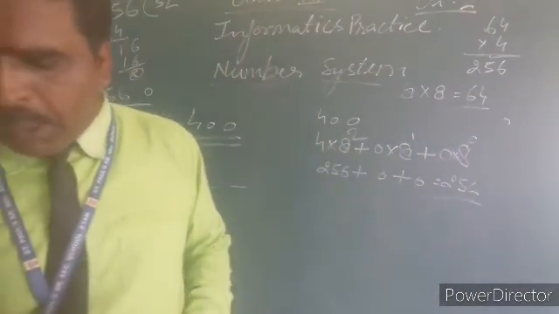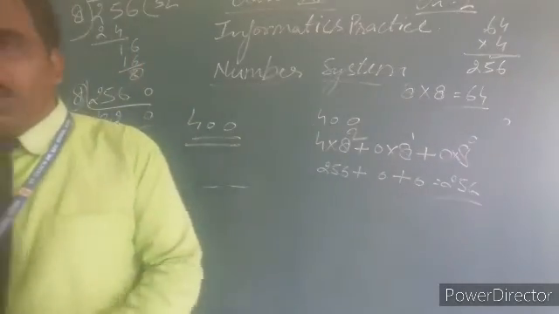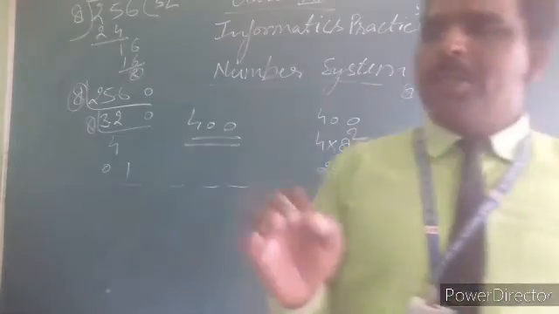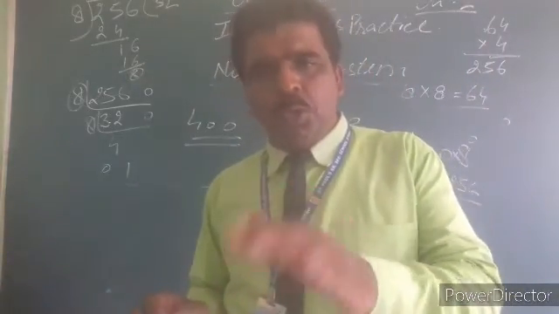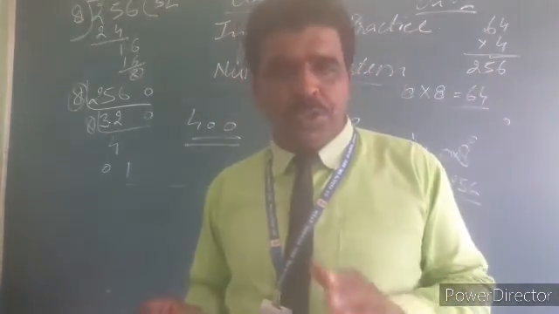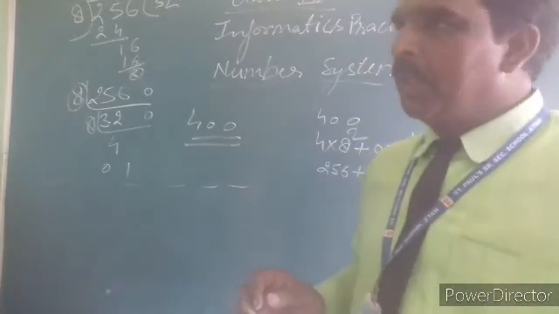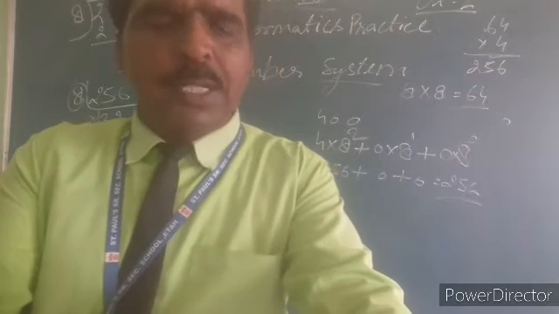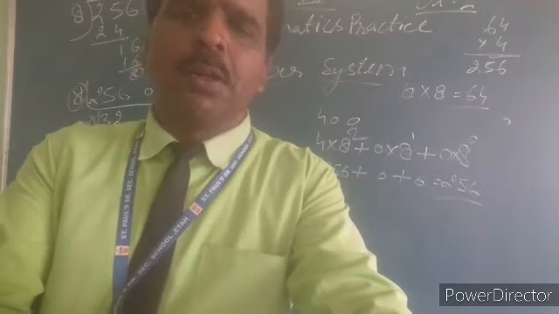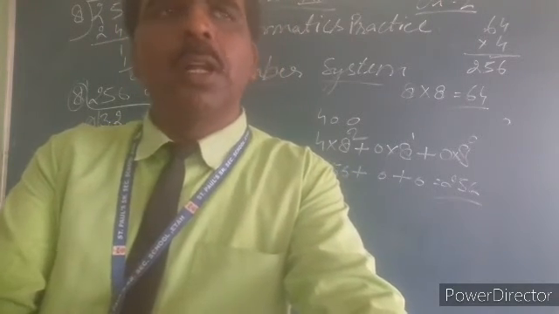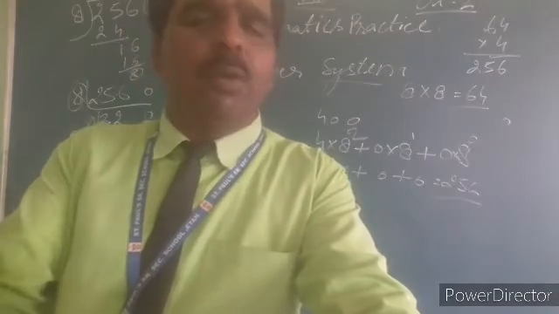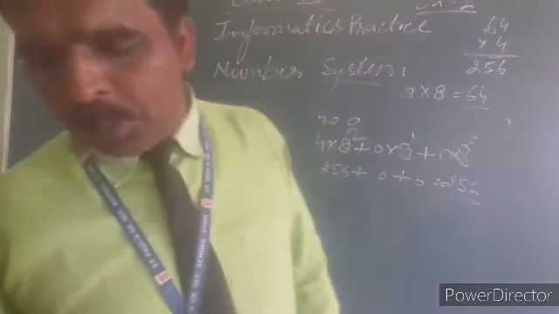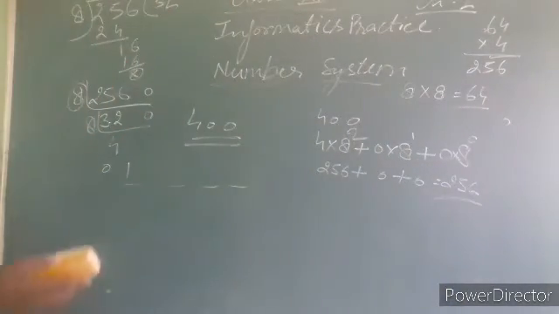So I think you are thinking that the number system is only from 0 to 9, but where will the rest of the digits for hexadecimal be taken from? So I am telling you the concept first.